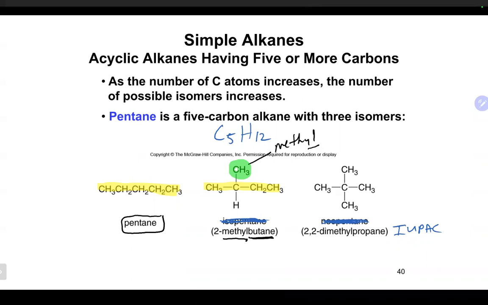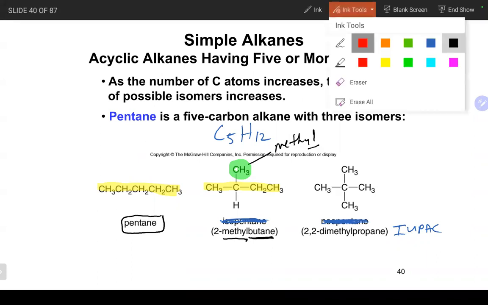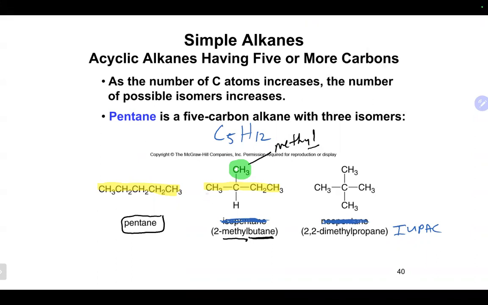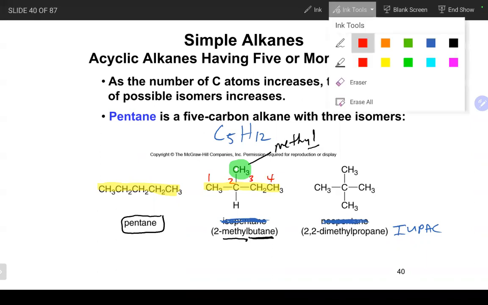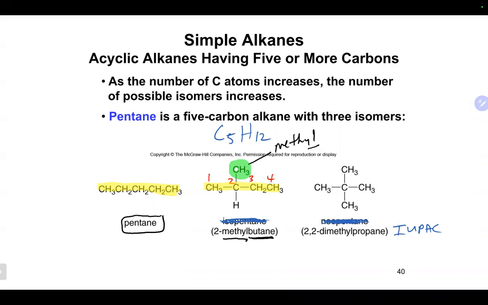Last thing we want to do is number the chain. And in this case, we got 2 options. We could go left to right, which would be 1, 2, 3, 4. We also can number right to left, which would be 1, 2, 3, and 4. Now, in the case of the red direction, that gives us a methyl group at carbon number 2. In the case of the blue direction, that gives us our methyl group at carbon number 3.